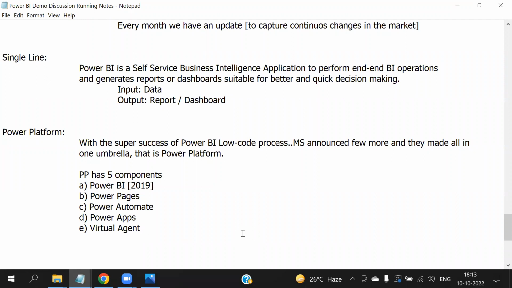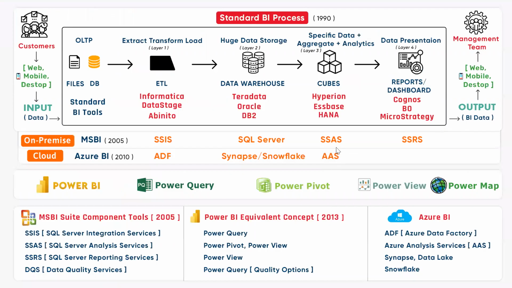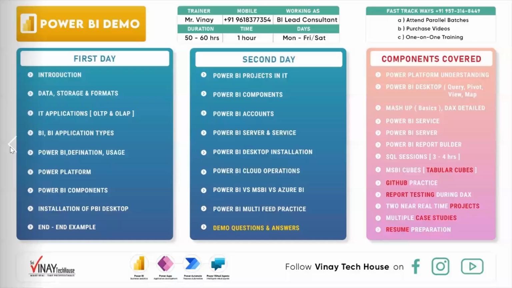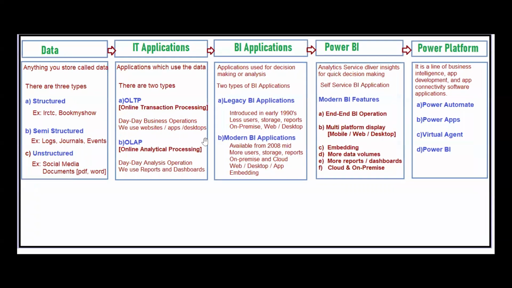Anyone having any questions? See, now I will conclude. I explained about data. I explained about IT applications. So data used in the IT applications. IT applications, two types, transactional and analytical. Analytical applications are BA applications.